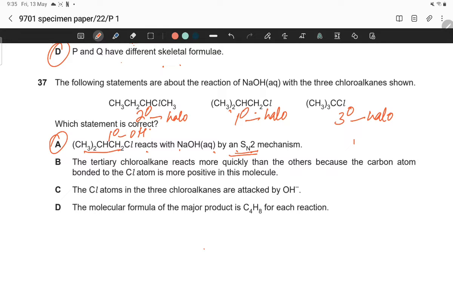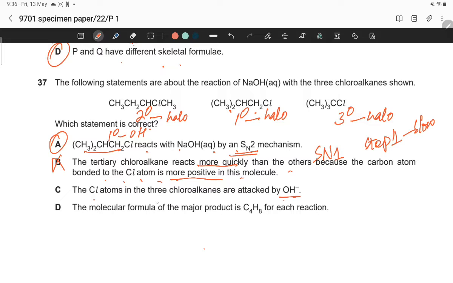The tertiary chloroalkane reacts more quickly. No, not more quickly than the other, because the carbon atom bonded to the chlorine atom is more positive in this. No, this is first step SN1 reaction, and for SN1 the tertiary, step 1 is the slow step. So this is incorrect. See, the chlorine atoms in the 3 chloroalkanes are attacked by OH ions.